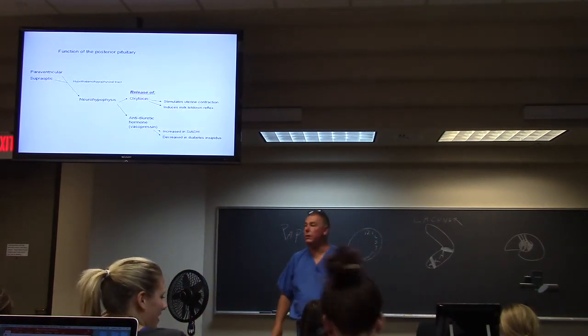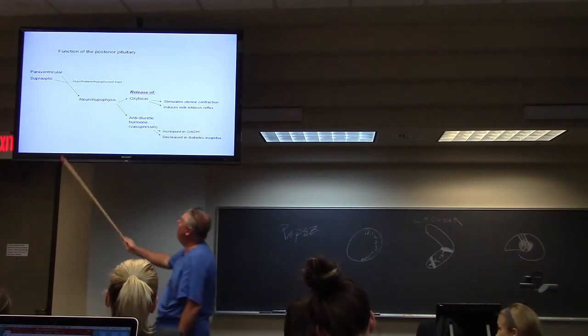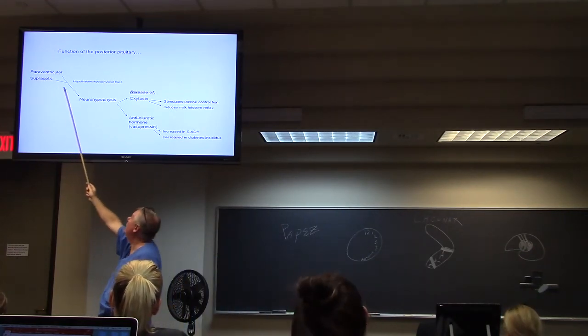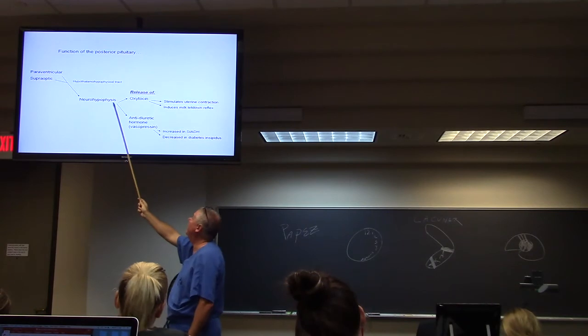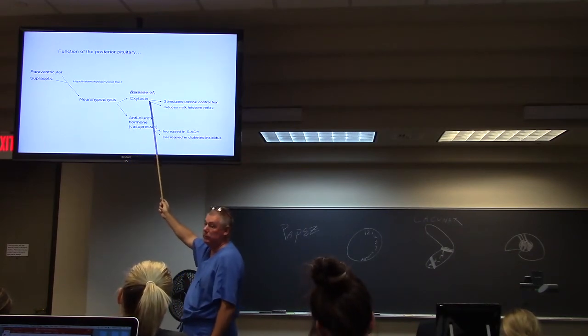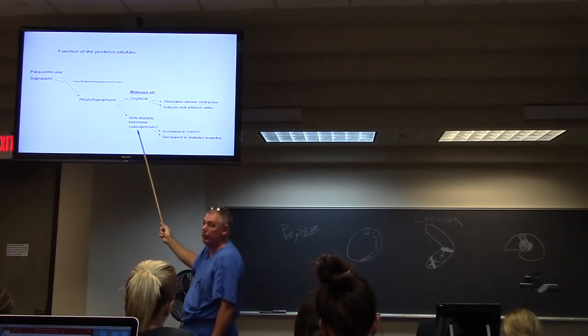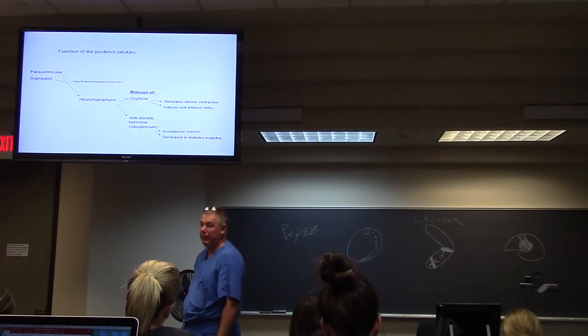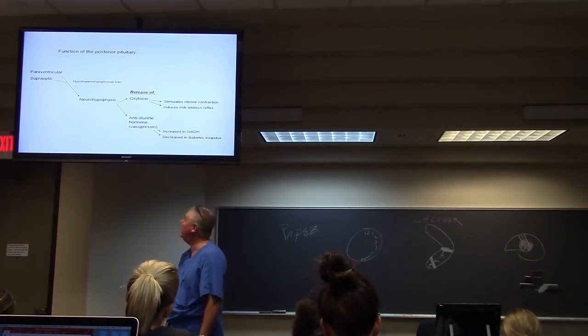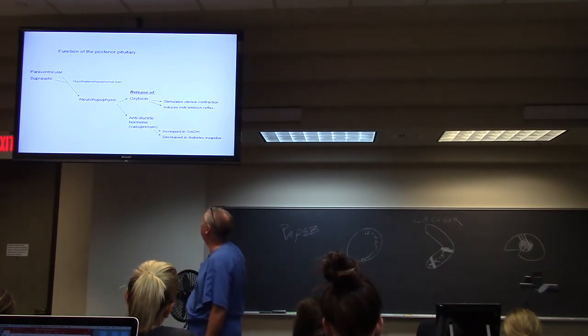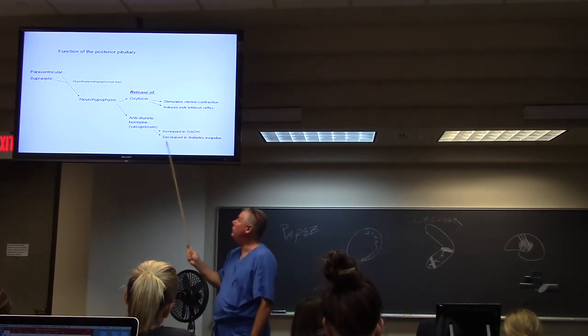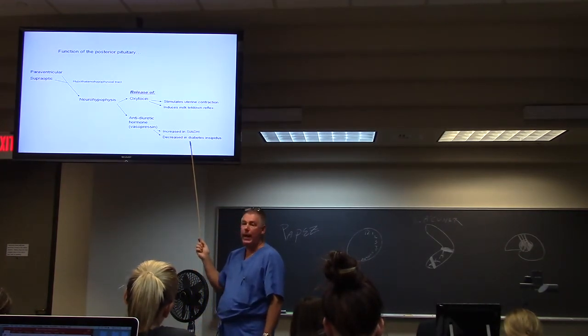If you look at the posterior pituitary, you've got these two nuclei through the neurohypophysis secreting two hormones, oxytocin and vasopressin. Vasopressin is also called ADH, antidiuretic hormone. If you have too much or too little, you get SIADH or diabetes insipidus.